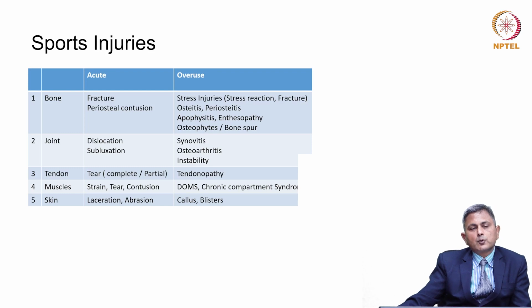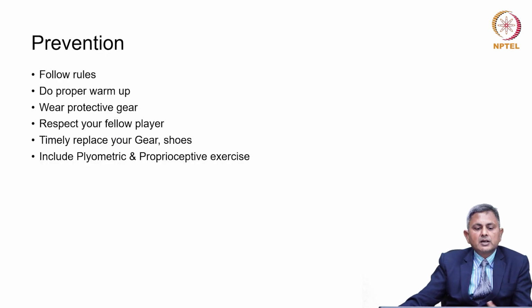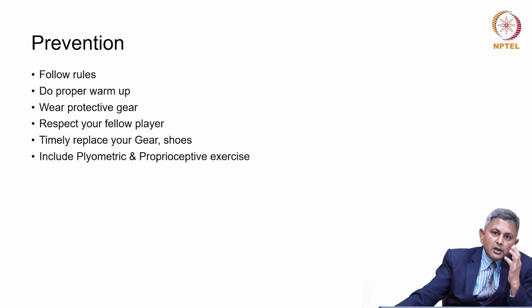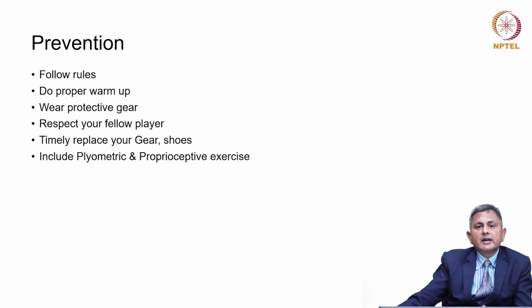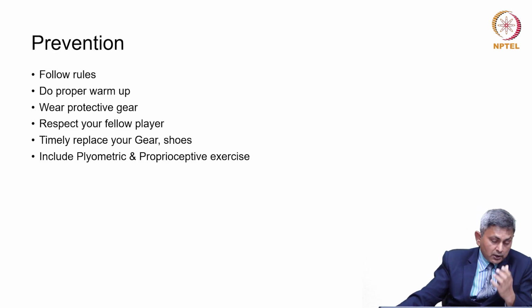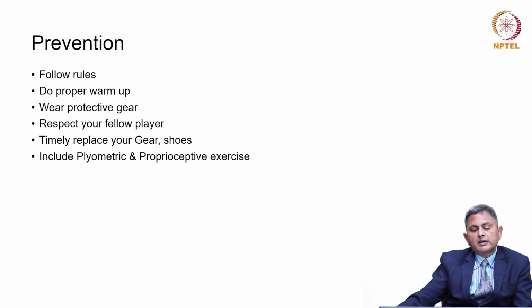There are examples of overuse and acute injuries, and we can prevent them by following the rules of the game, playing intelligently, doing proper warm up, and wearing protective gear like a knee cap, ankle brace, knee brace, elbow brace, the correct size of gloves while playing golf, choosing the correct grip for racket sports, and timely changing your shoes and gear.